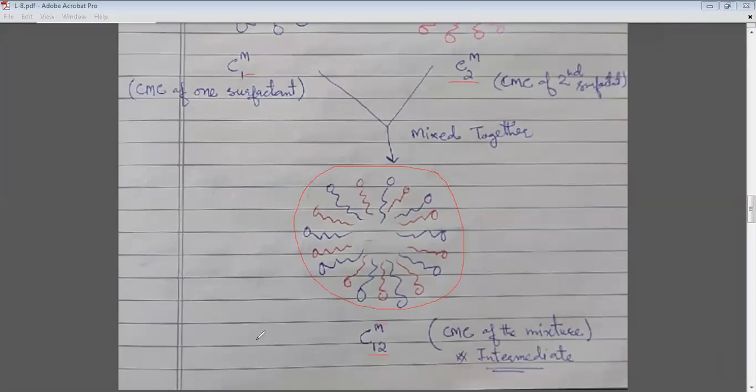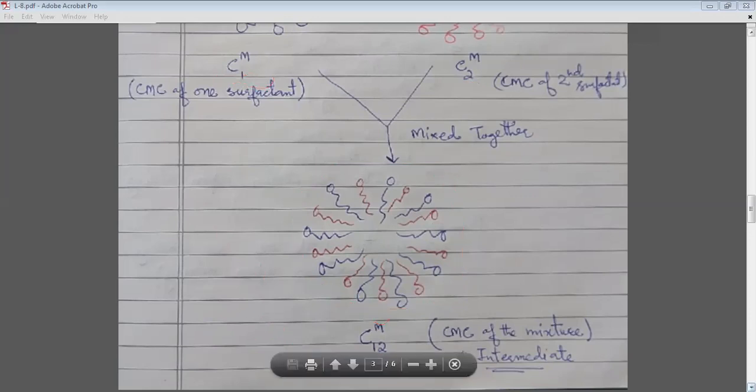You can also simply write it as CMC12. When we add surfactant 1 and surfactant 2 together, they form a micelle whose CMC is written as C12M. That means it is the CMC of the mixture, an intermediate formed by mixing surfactant 1 and surfactant 2. This was a little background about mixed micellization.